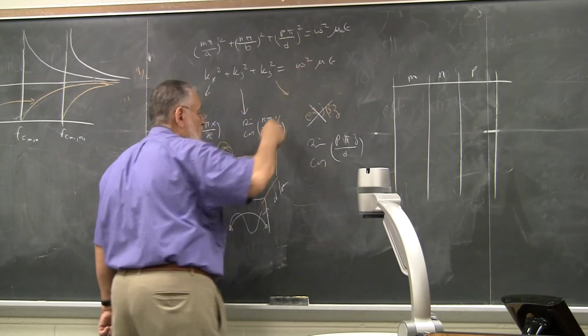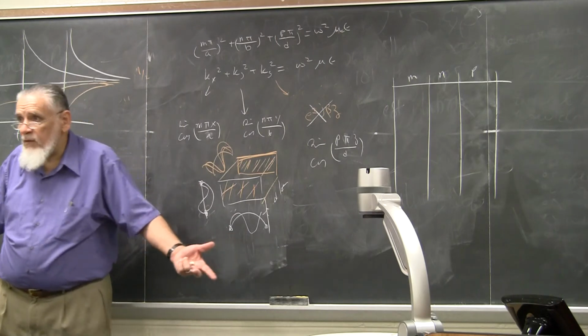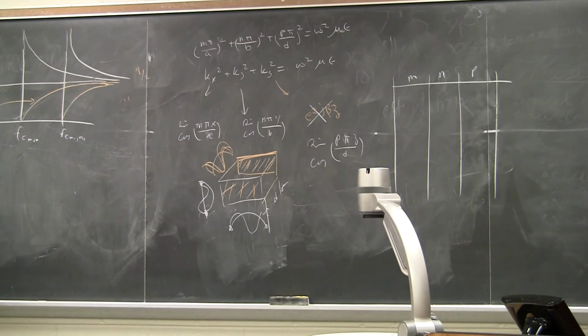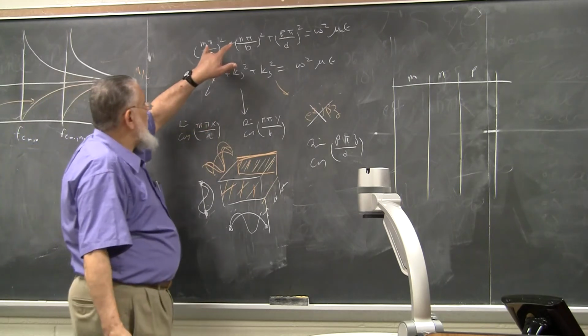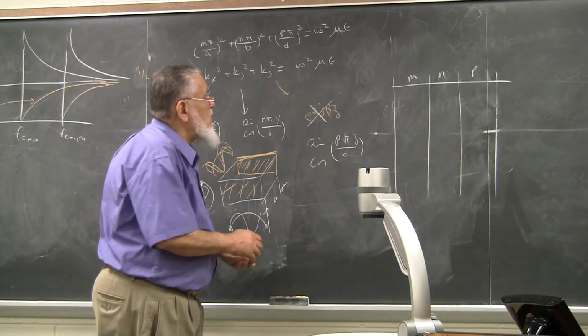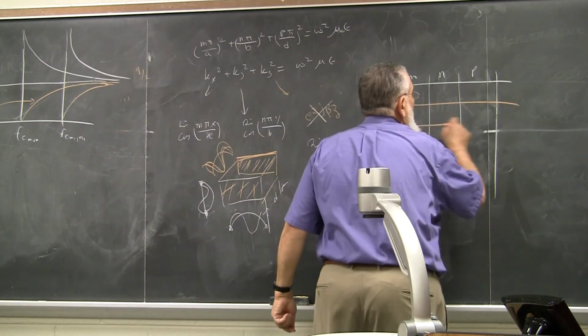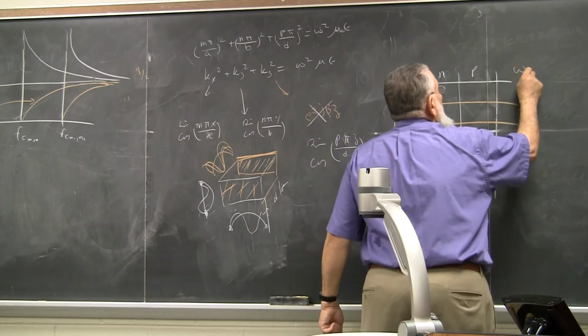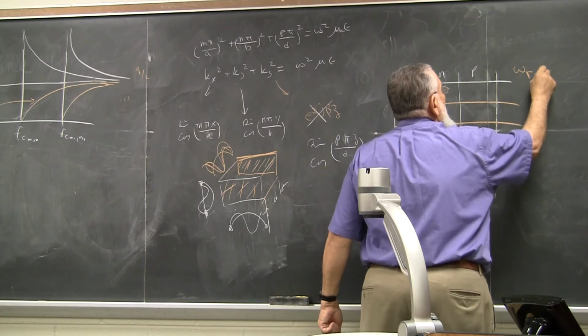Those particular omegas are the only frequencies that you are allowed to have a solution. If your frequency goes off any of these numbers, you don't have a solution, right? So only the integer numbers here will give you solutions, so you have those frequencies. We call them omega resonances, all right?